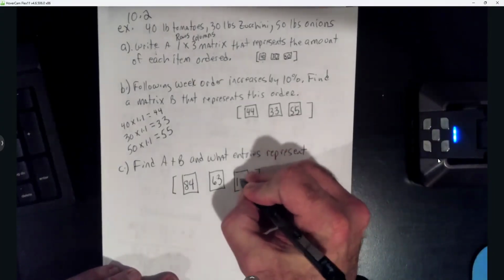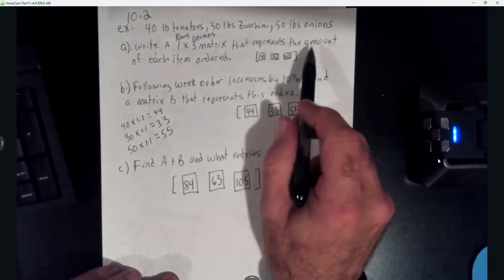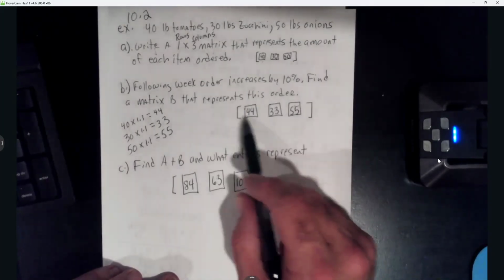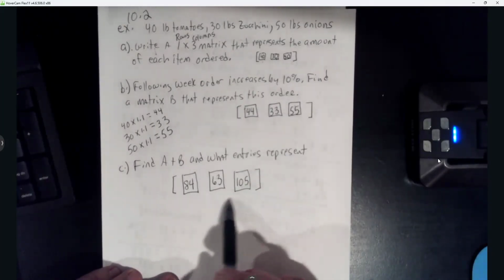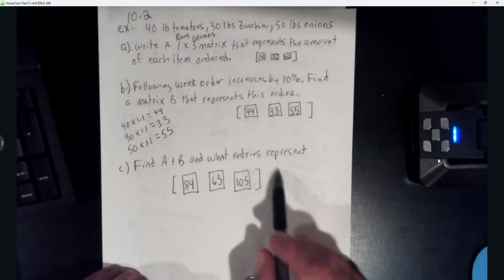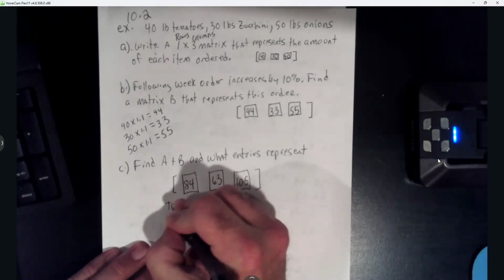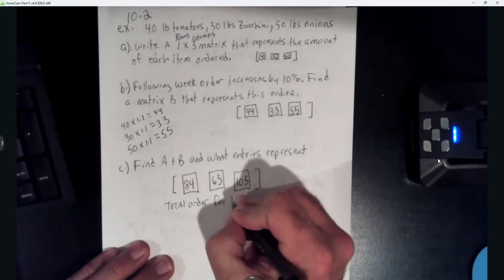So that'll be 105. So this was the order for the first week. This was the order of the second week. This matrix represents the total order for both weeks. So this is the total order for both weeks.